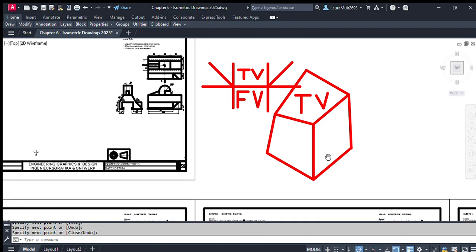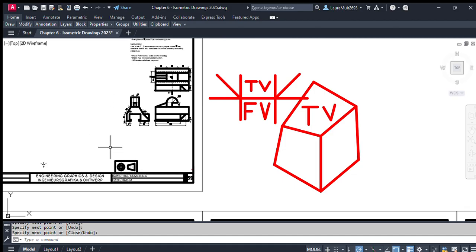Right. They've given me this view. Okay, and this is the left view, yes.